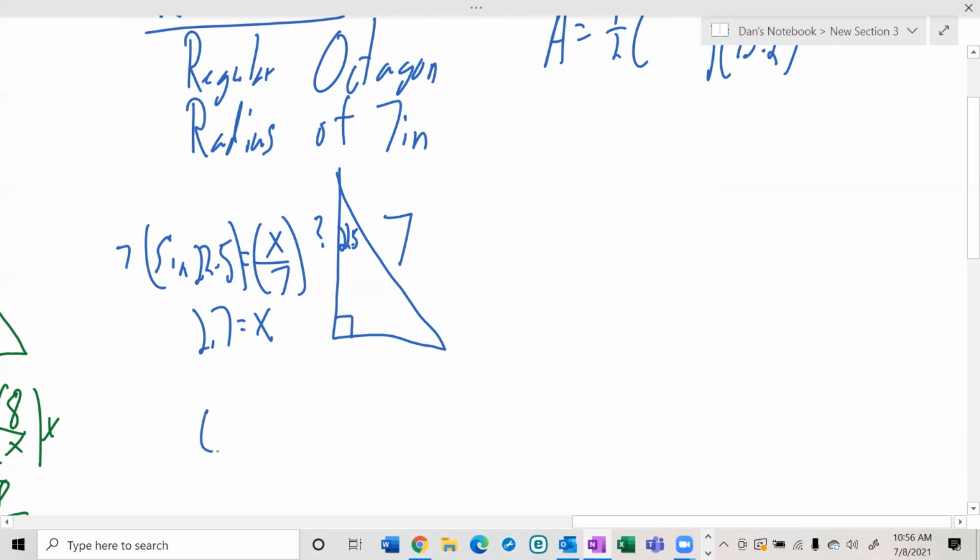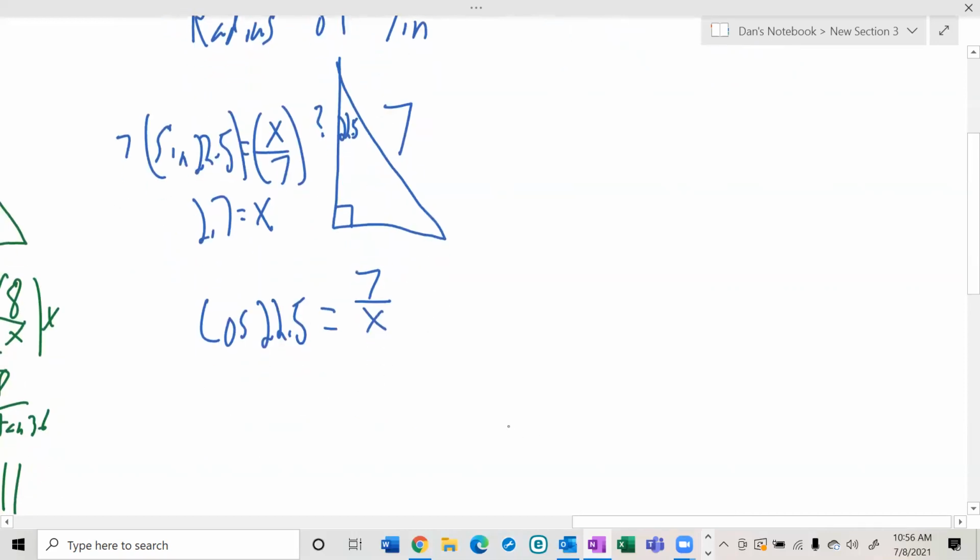So we've got the cosine of 22.5 equals 7 over x. I think she was just building drama there, like a dramatic pause. That was exciting.